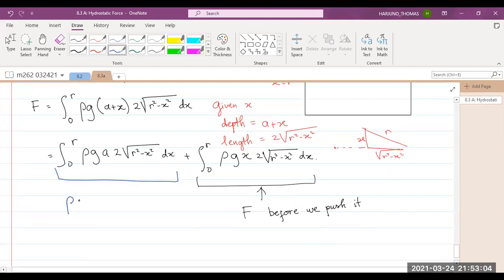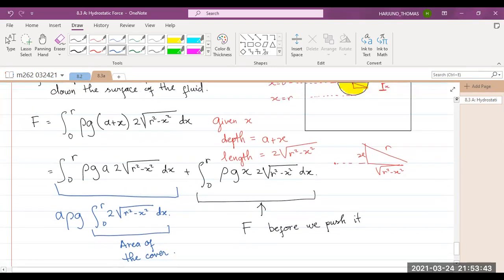Let me factor the rho g a out. Notice that this is basically the area of the cover, the area of that yellow region.